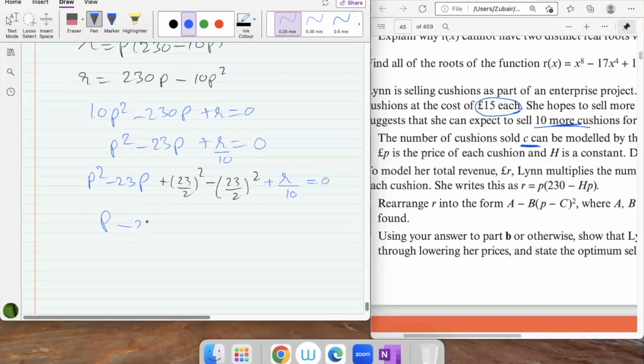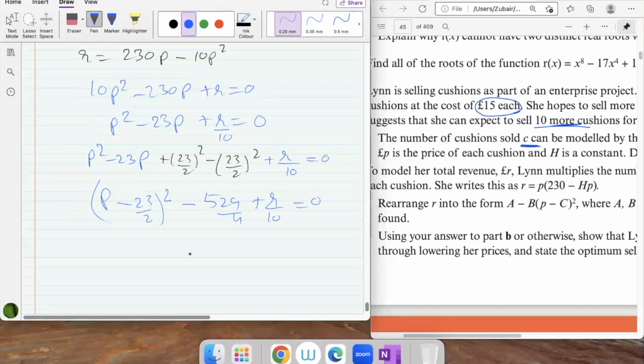Then (P minus 23 by 2) whole squared minus 23 by 2 squared, which is 529 by 4, plus R by 10 is equal to 0. I'm again multiplying the whole equation to get rid of the denominators. If we consider 10 and 4, our LCM is 20, so straight away multiplying with 20.